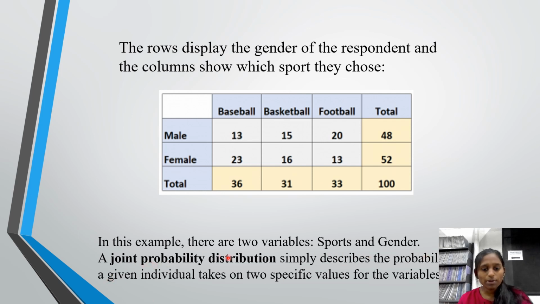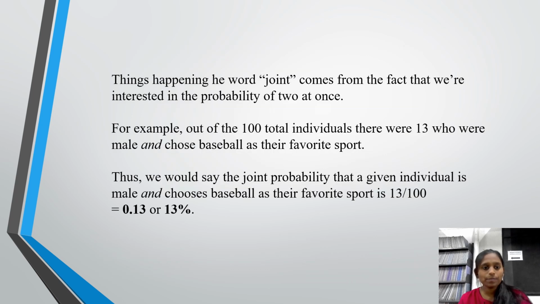A joint probability distribution simply describes the probability of a given individual taking on two specific values for the variables at once. The name joint comes from the fact that we are interested in the probability of two things happening at once.